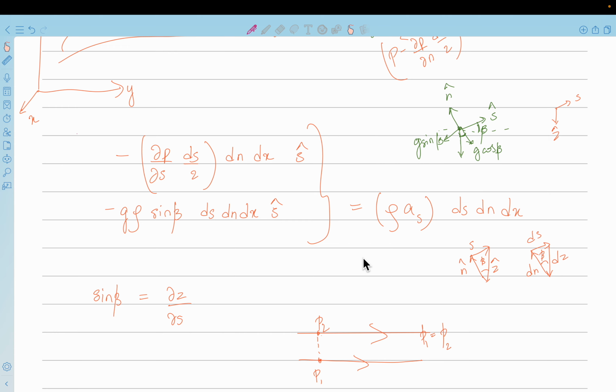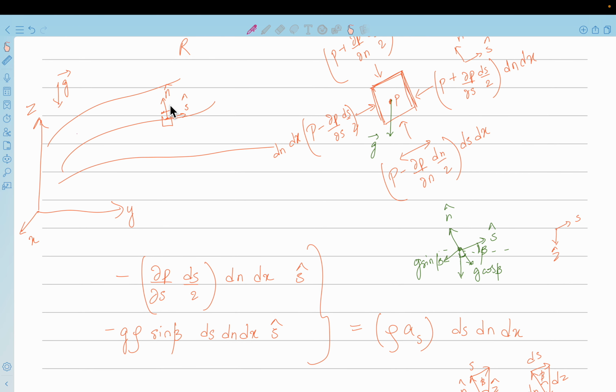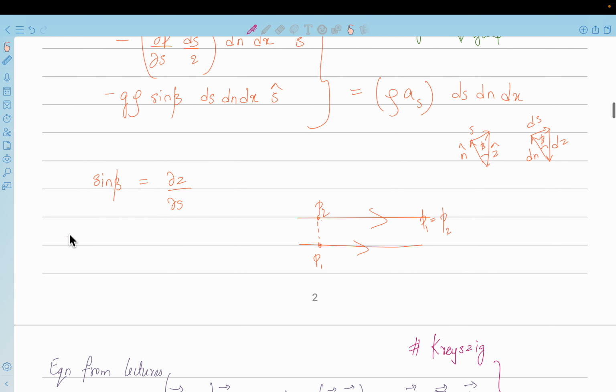Okay. So see, what we are doing is, this streamline, it is in 3 dimensions actually, x, y, z, right? So let me add a page here itself.